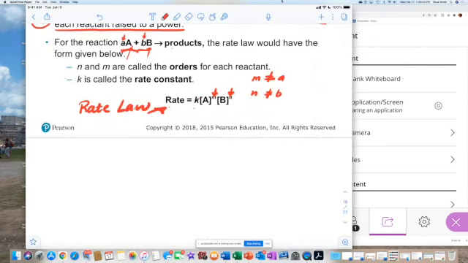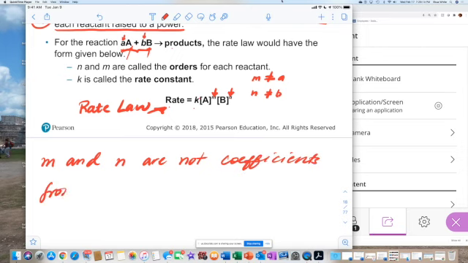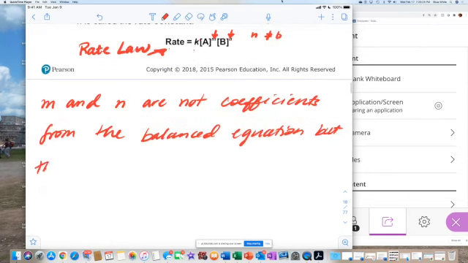Since m and n are not coefficients from the balanced equation, no, they're not, but they are called order of reaction.